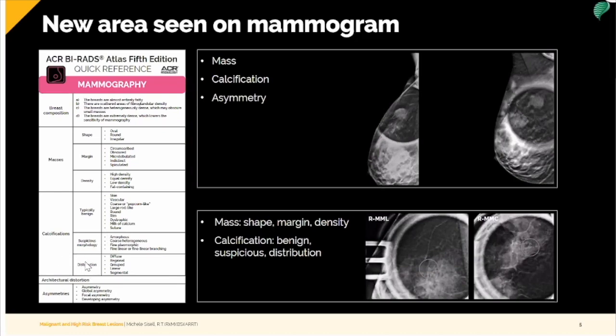Is it diffuse? Regional groups of calcifications? Are they linear? All of this helps the radiologist to decide and to categorize how suspicious these areas that they're looking at are. And then architectural distortion. This is for asymmetries that they see either on one or both of the screening views. And so they can describe it as an asymmetry, global asymmetry, focal asymmetry, or a developing asymmetry.